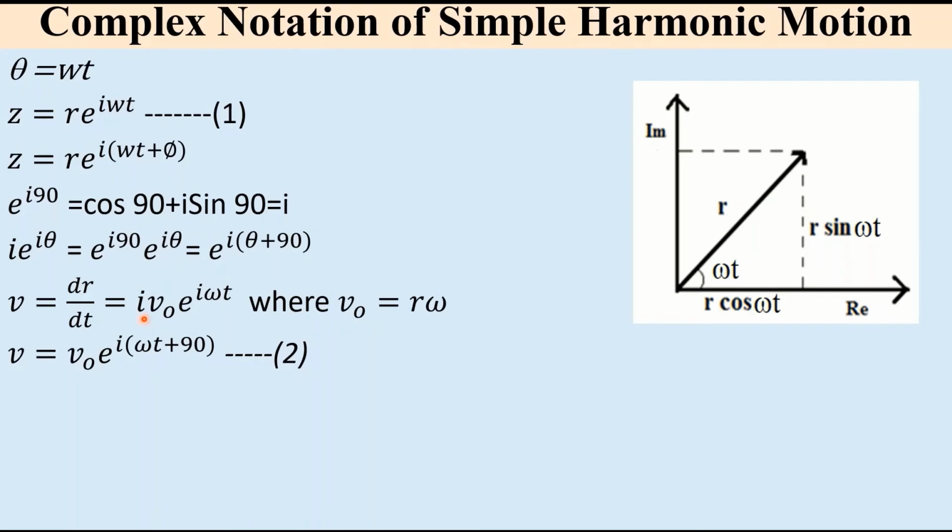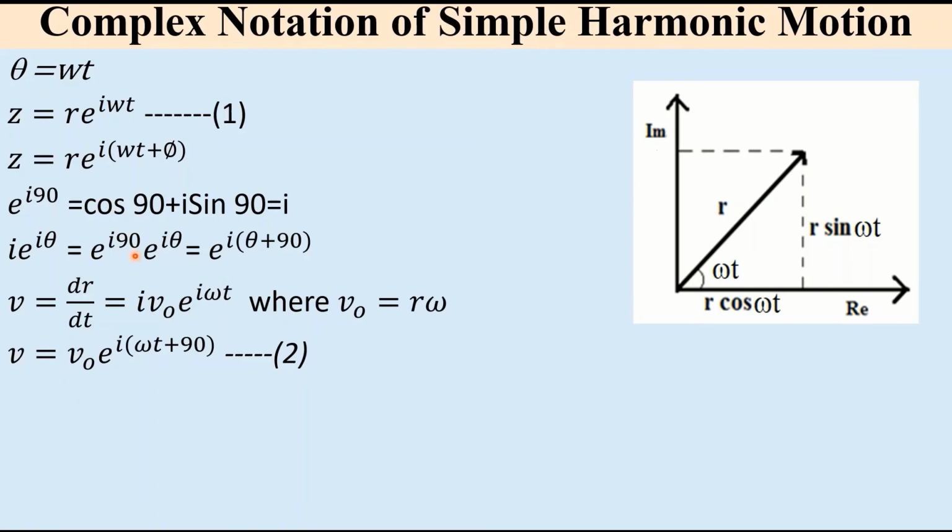So therefore v is equal to v naught into e to the power i omega t plus 90. So comparing 1 and 2, we see that the velocity vector v leads the displacement. So this represents the displacement and this represents the velocity. So the velocity leads the displacement by 90 degrees.